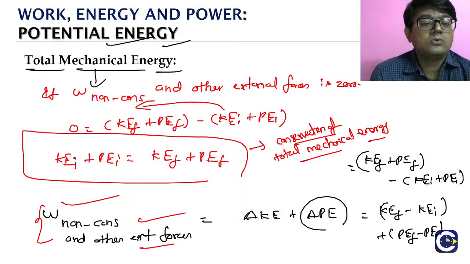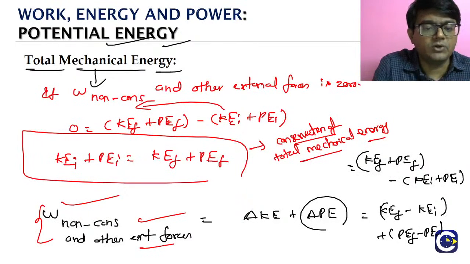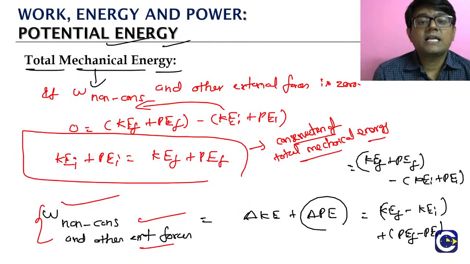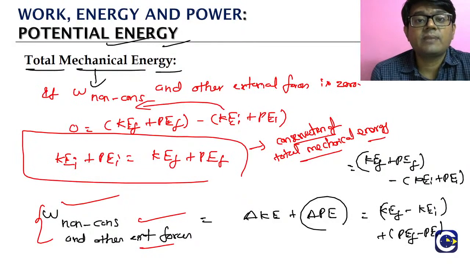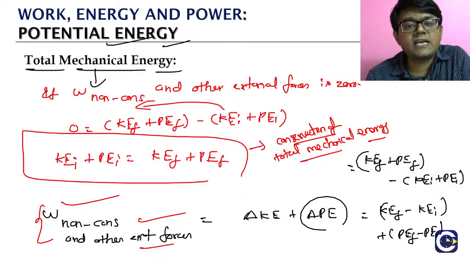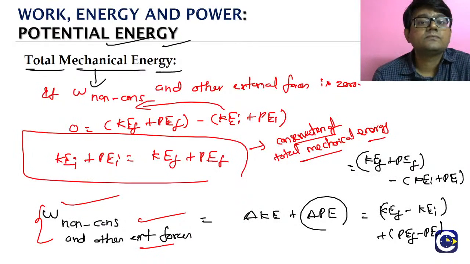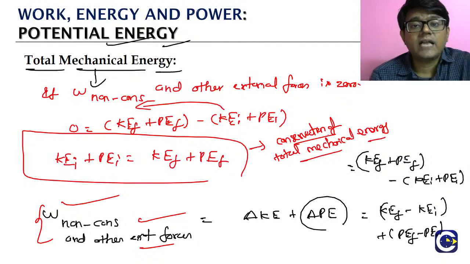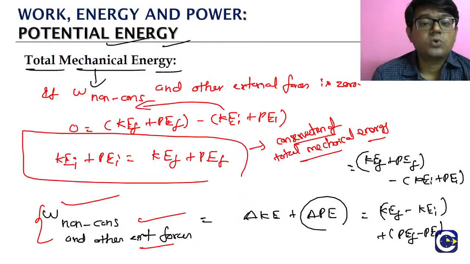It is applicable when the work done by the non-conservative forces and other external forces acting on that body is zero. The kinetic energy plus potential energy in the initial state will be equal to that in the final state. That is what we refer to as conservation of total mechanical energy.